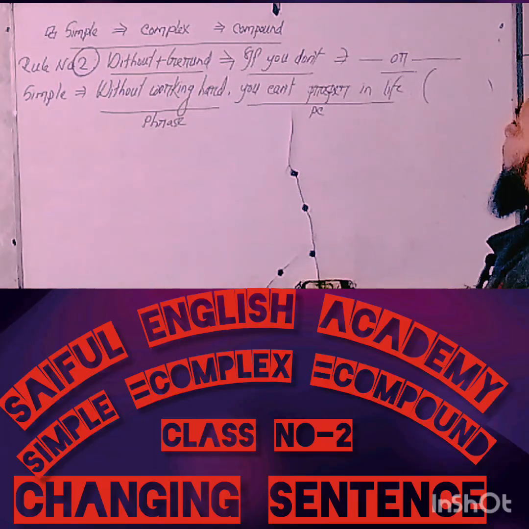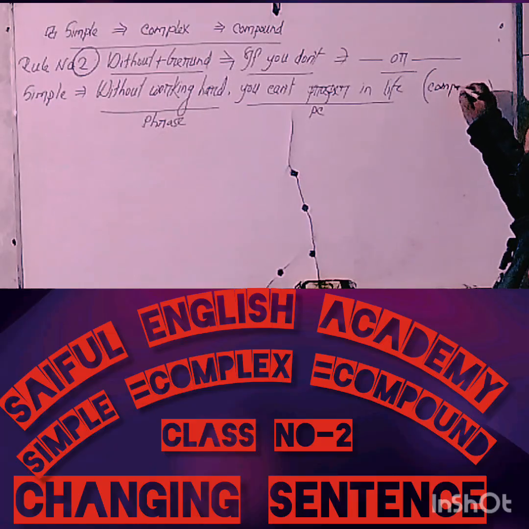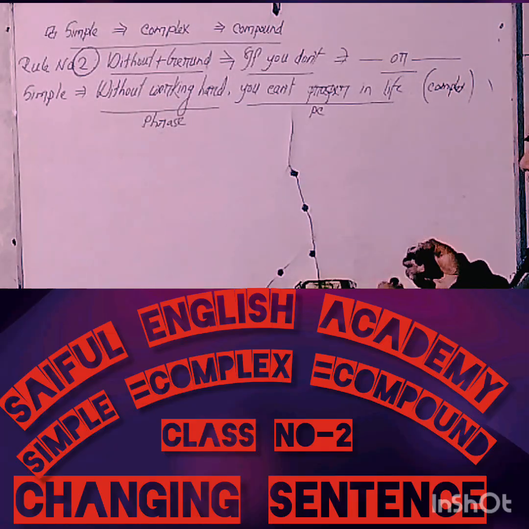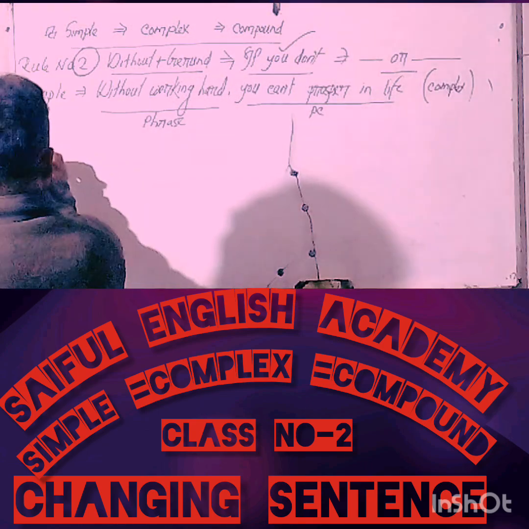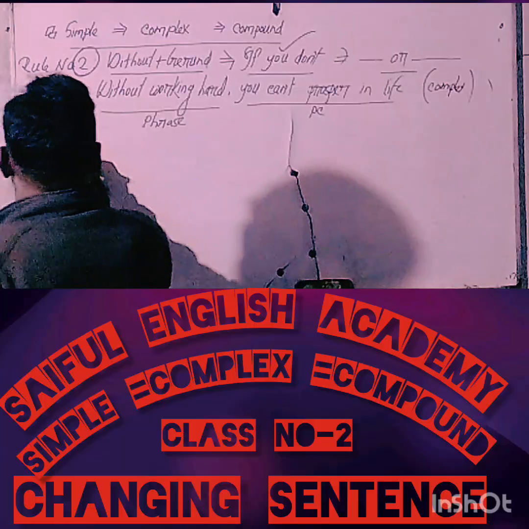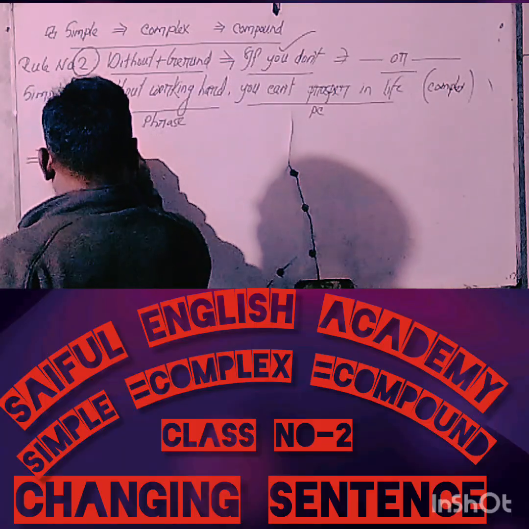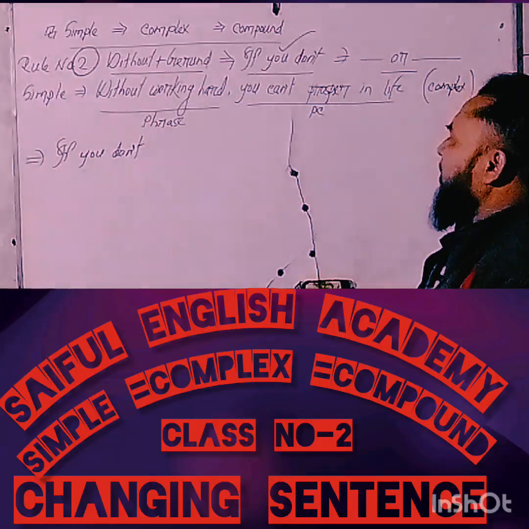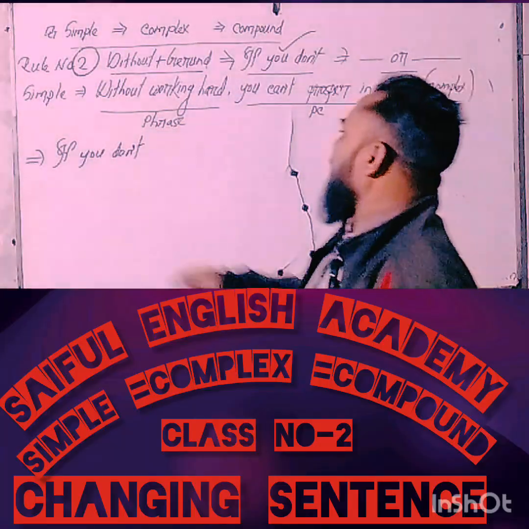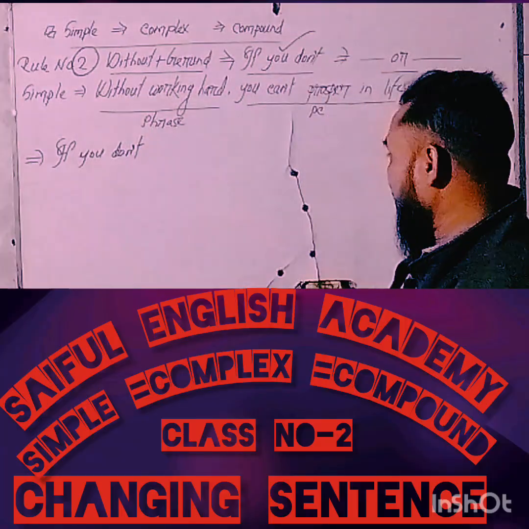Suppose you are told to change this sentence into a complex sentence. In this case, you will have to use if you don't instead of without plus gerund. So start writing: If you don't. When you use if you don't, then instantly the preposition must be deleted.